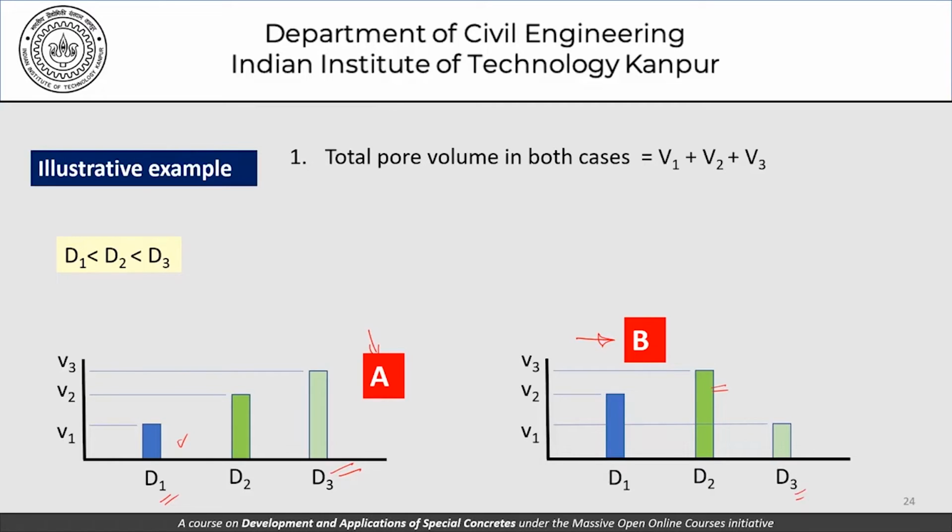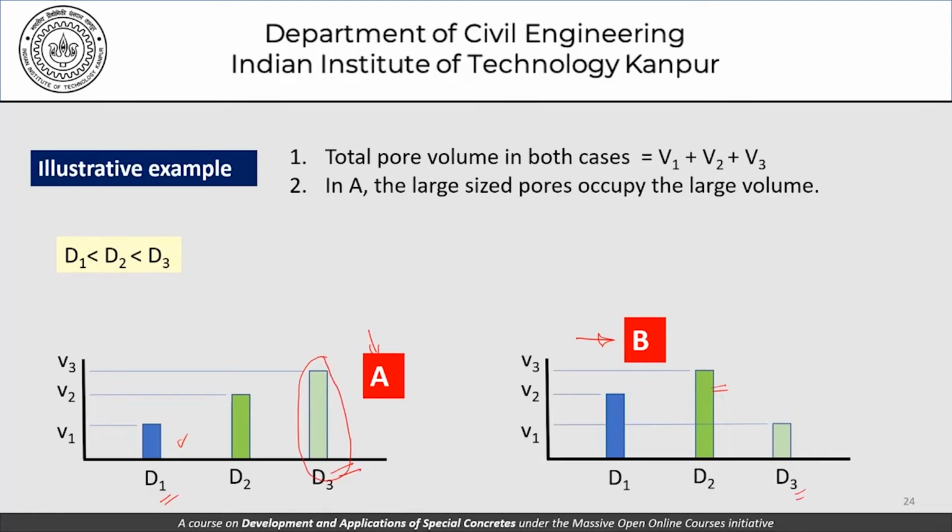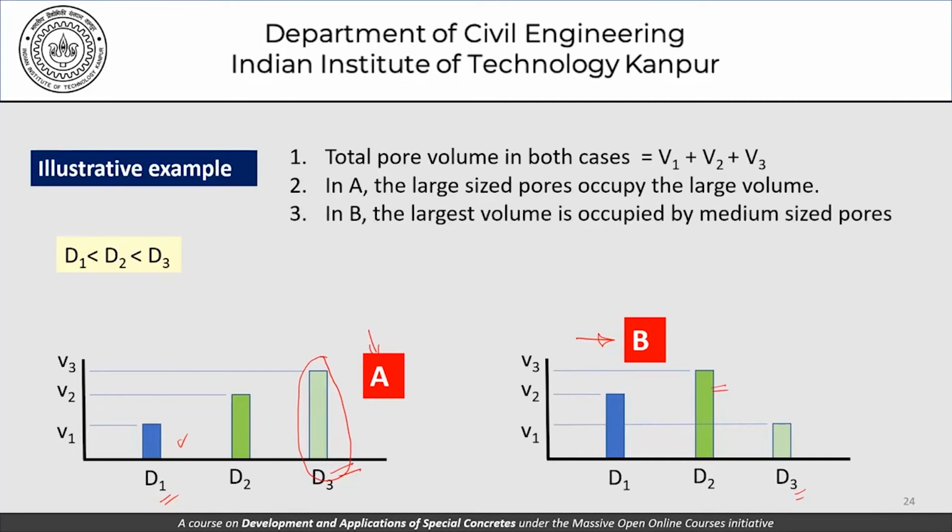In A, the large size pores occupy the largest volume. That's very clear. V3 is the largest. So here the larger pores are contributing more to the total pore volume. In B, the largest volume is occupied by medium sized pores.